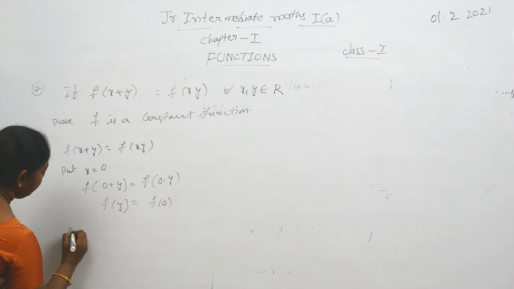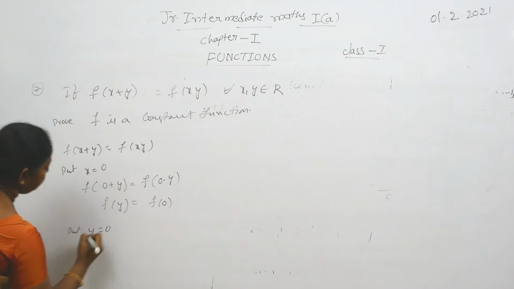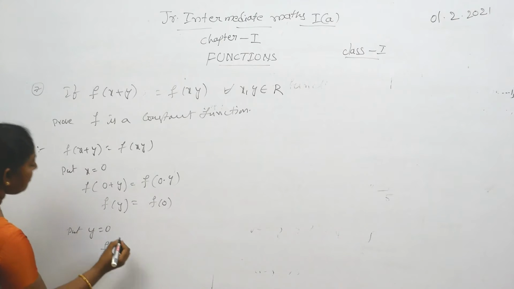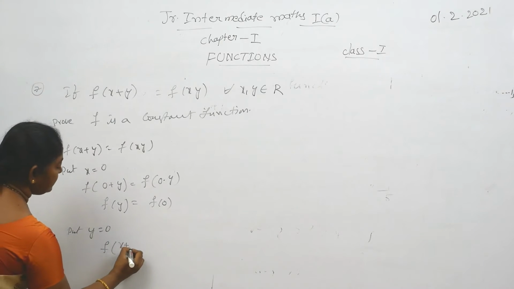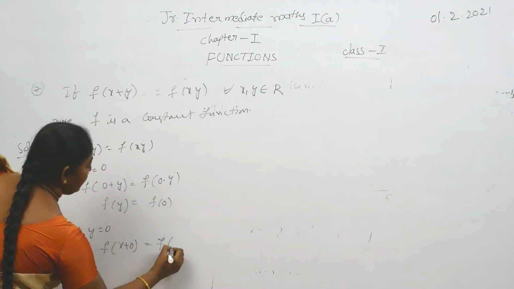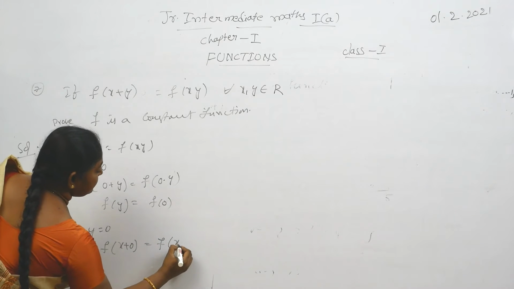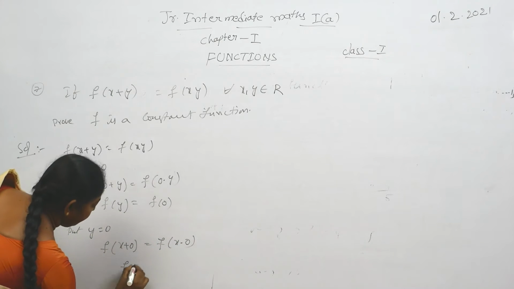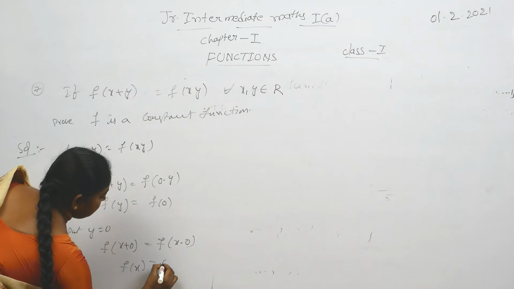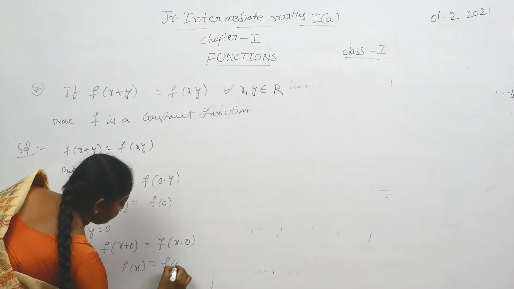Suppose x equal y equal to 0, f of x plus 0 equal to f of x into 0, that is f of x equal to f of 0.